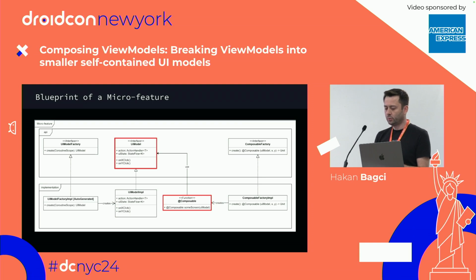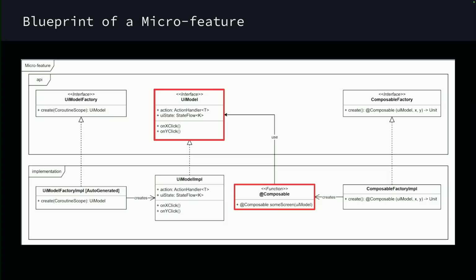As an implementation of UDF, UI model exposes its observable state and actions while receiving events from the UI. Composable here is receiving UI model and observing the state and actions, and when an event happens on the UI, it calls the relevant event handler from the UI model.